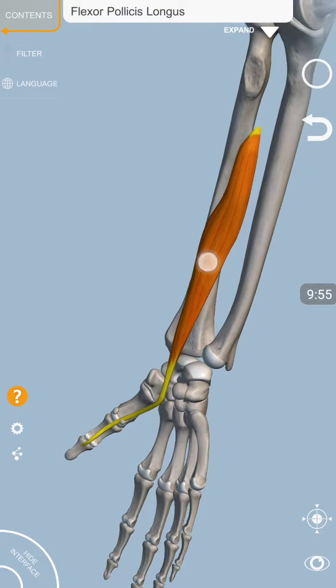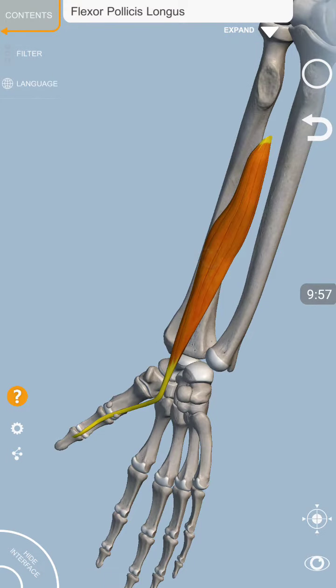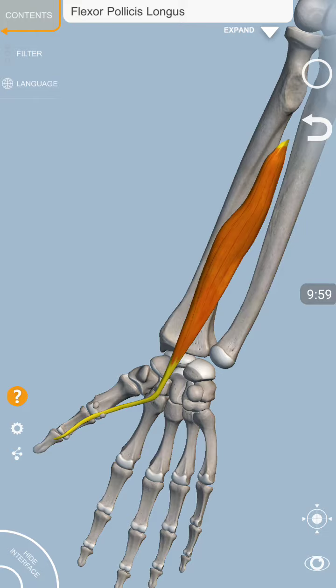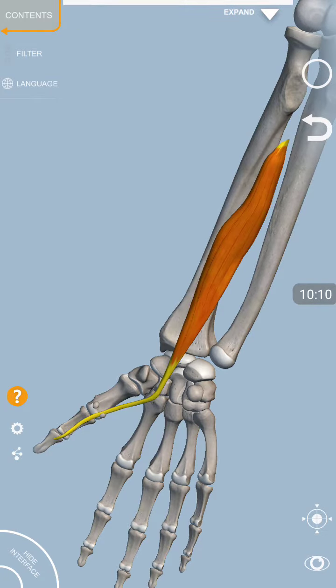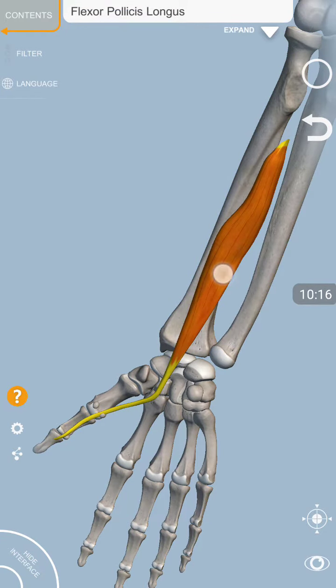Look at this, it is originating from the interosseous membrane. There is an interosseous membrane between these two bones, connecting them. This flexor pollicis longus muscle originates from that interosseous membrane and from the anterior surface of the radius, and as it is the deeper muscle, it is getting attached onto the distal phalanx.